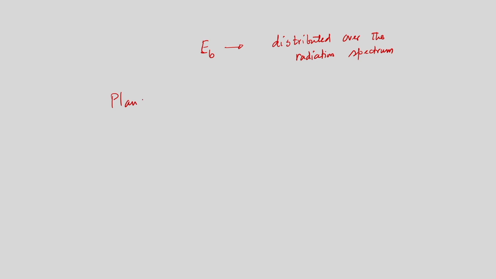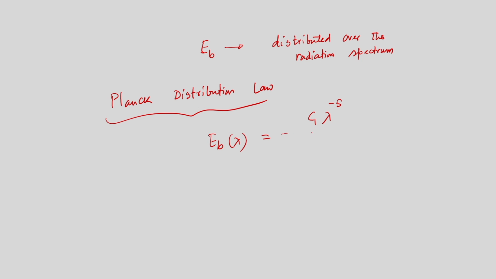So, that Planck distribution law describes the thermal radiation energy we are getting from a black body, and that energy is distributed over a radiation spectrum. It is obtained by this distribution law, that is E_B lambda equals C1 lambda to the power minus 5 divided by e to the power C2 by lambda T minus 1.